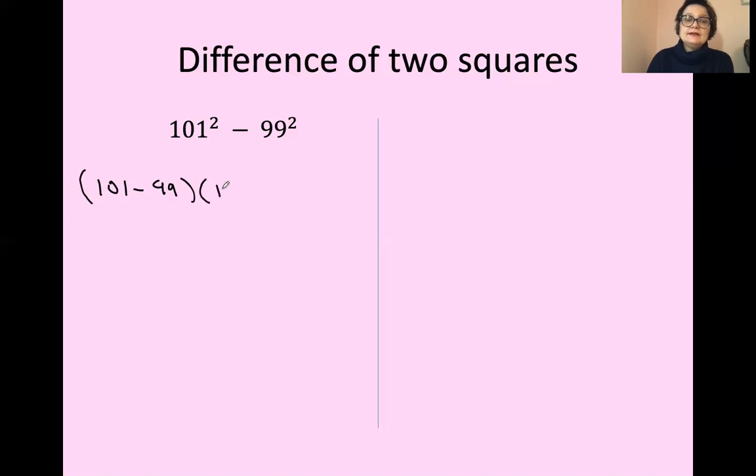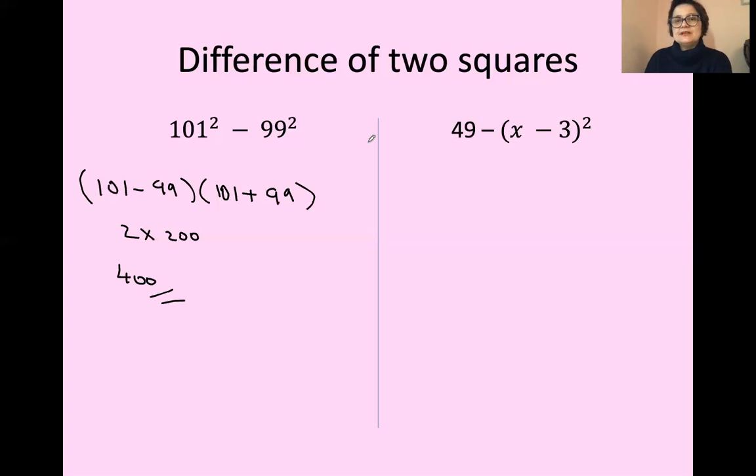And then again, the first one plus the second in brackets. And so the answer to the first bracket is going to be 2. The answer to the second bracket is going to be 200. And the final answer is going to be 400. So again, look for these rules to apply when dealing with the difference of two squares.